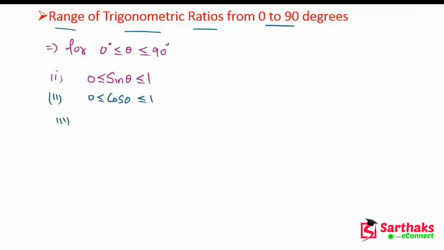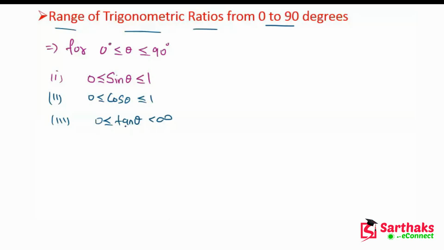The third ratio is tan theta. Its range is always greater than or equal to 0 but less than infinity. So the range of tan theta is 0 to infinity.